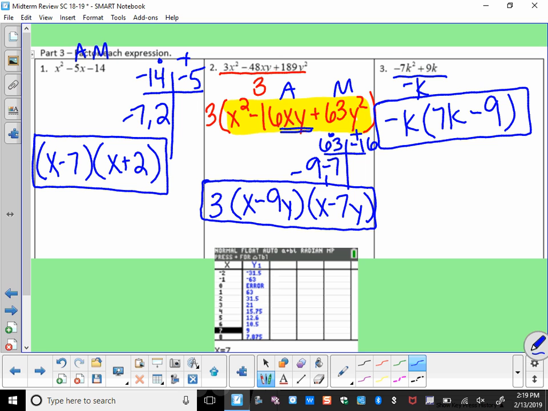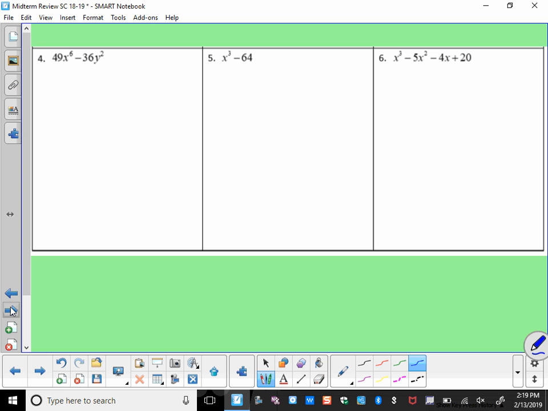All right, moving on. Number 4. Number 4 is a DOTS problem. I know it's a DOTS problem because I have a binomial, 2 perfect squares, and even exponents. So, for a DOTS problem, I need double parentheses.